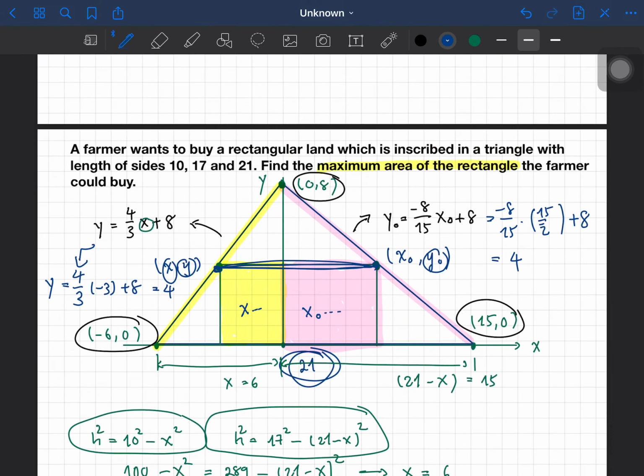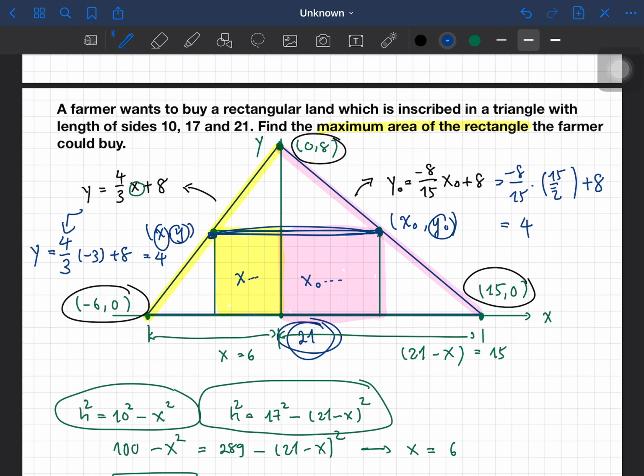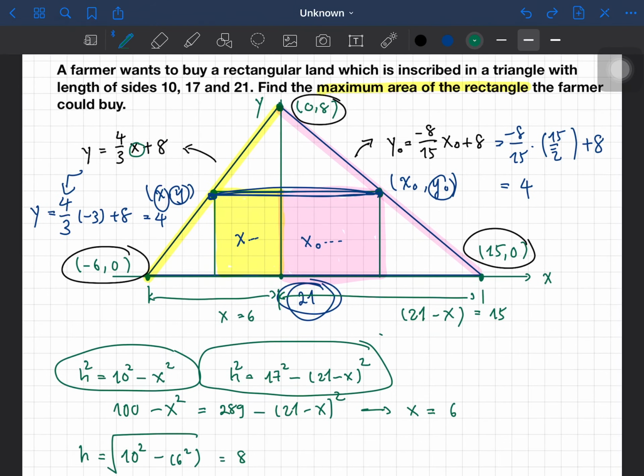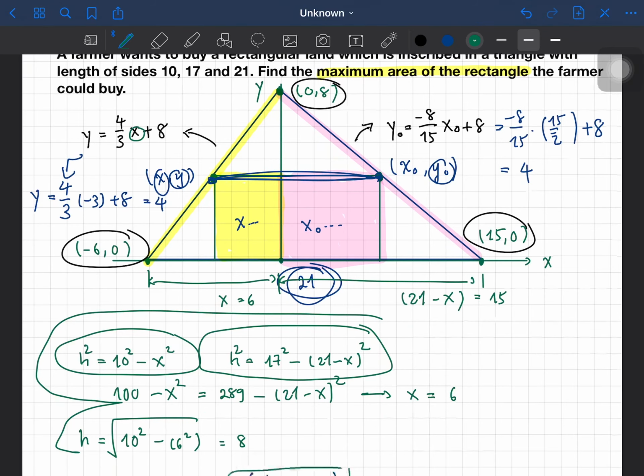So recap, we can solve this problem with the help of coordinate geometry. But first, we need to find the height, the altitude of the triangle, with the help of the Pythagoras theorem, and we will get the height h equals 8.